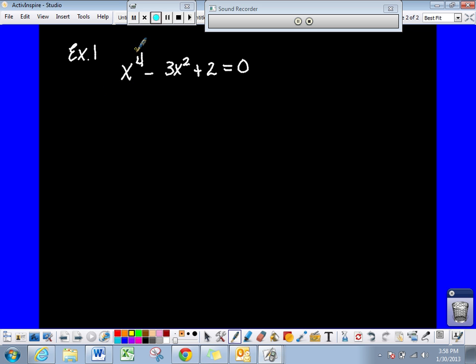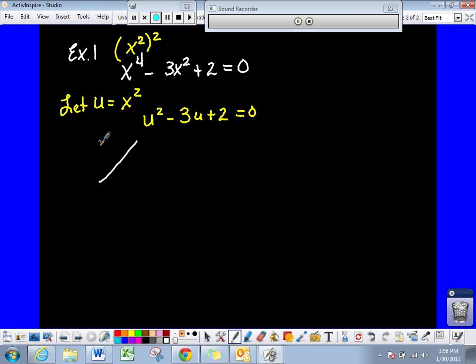So we're going to rewrite x to the fourth as x squared to the second. Then we're going to say let u equal x squared. So now we end up with u squared minus 3u plus 2 equals 0. This is a trinomial, so we're going to use the x method.